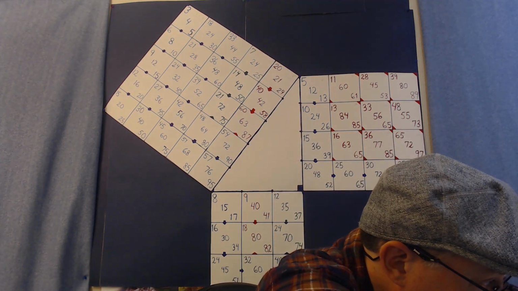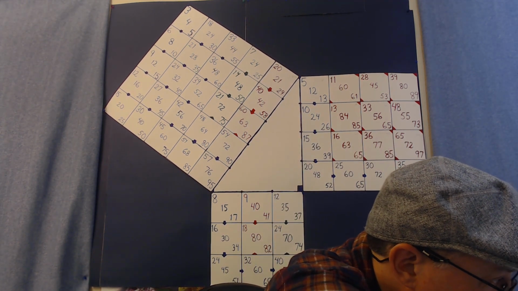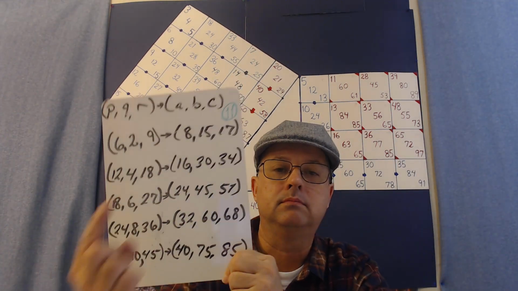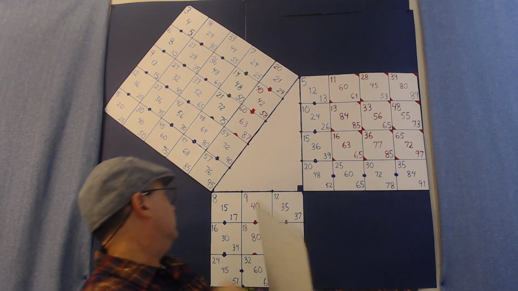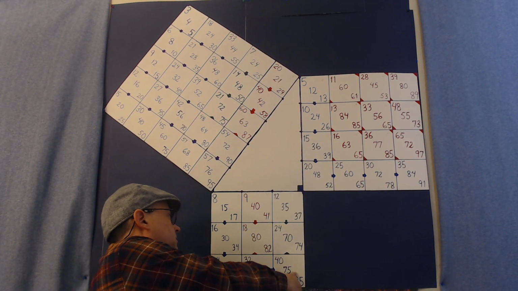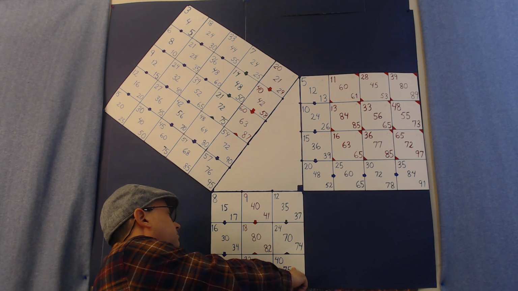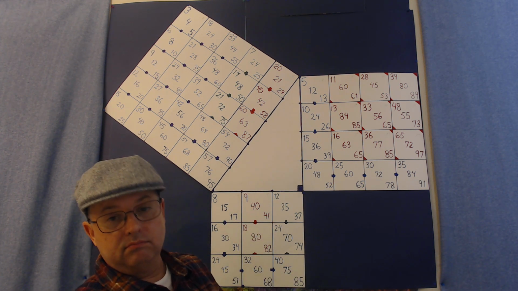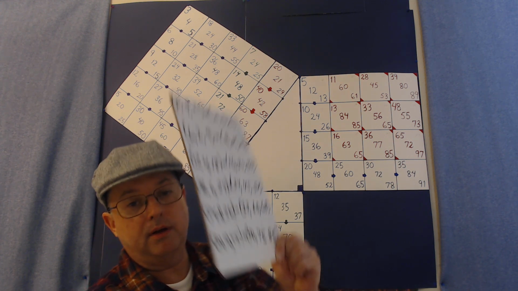Then slide number 11 here. That's the 8, 15, 17 family. Right here. 8, 15, 17. 5 members in that family.